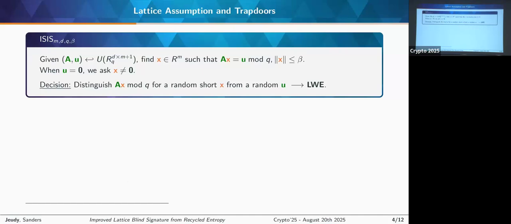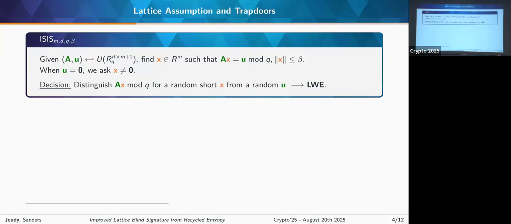The ISIS problem gives a uniform matrix A and a uniform syndrome U and asks to find a short X such that AX equals U mod Q. Now, when U equals 0, we have the homogeneous version, the SIS problem, which further constrains X to be non-zero so that the problem is non-trivial. And we can also define LWE as a decision version of ISIS, where the goal is to distinguish between a vector of the form AX mod Q for random short X from a perfectly random vector U.